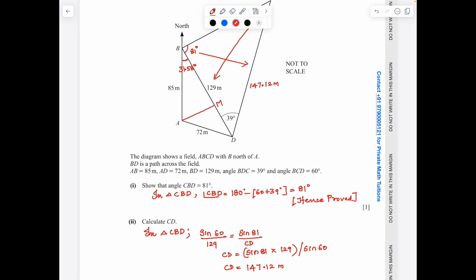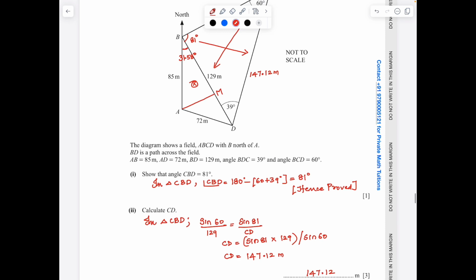So now let us look into the triangle ABM. In ABM, we have this hypotenuse which is 85 and we have the angle 31.58 degrees.